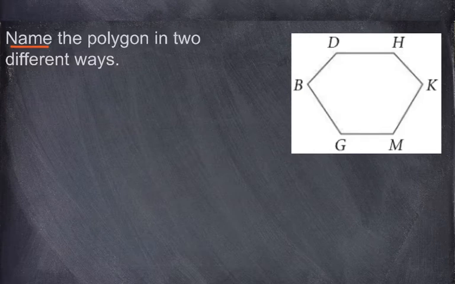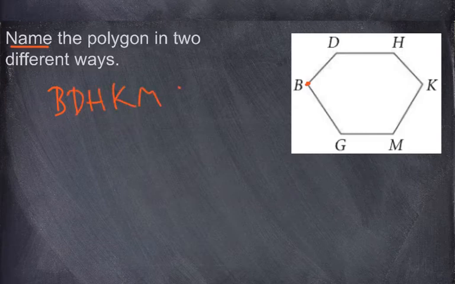So if I were to start with point B, I can work clockwise. So the way I would name this polygon, I would say B, D, H, K, M, G. That is one way of naming it. Again, I started at B and worked clockwise. And again, you can start at any point. So to name it another way, I can start at G and go counterclockwise.